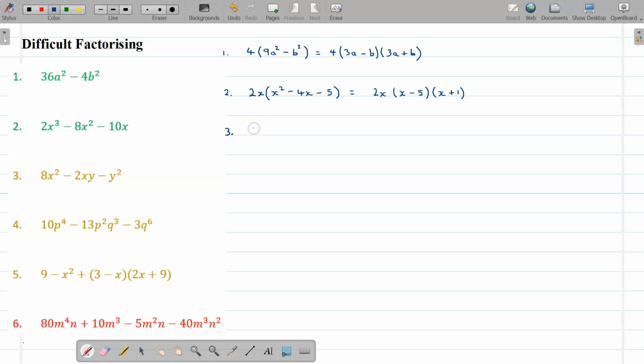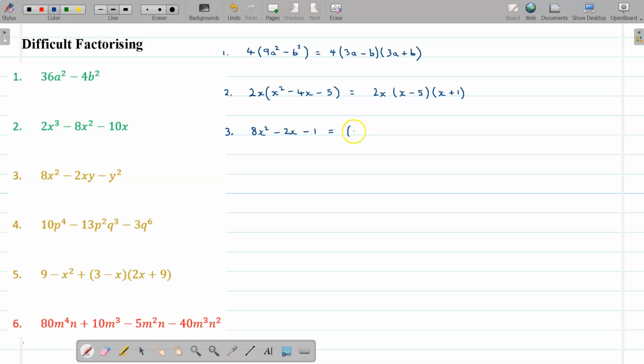So I'm going to consider this instead, which is 8x squared minus 2x times 1, basically, replacing the y with 1, and then minus 1 squared, which is minus 1, because you're squaring the 1, not the minus sign as well. Now, if I were to factorize that should be quite easy. It's a quadratic.